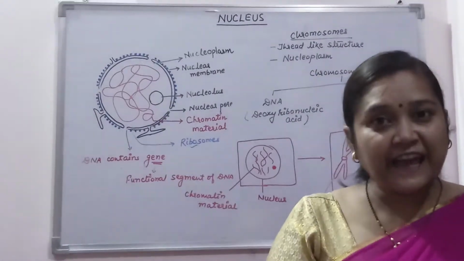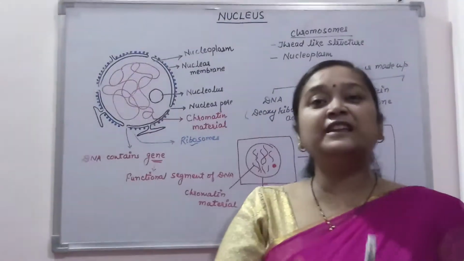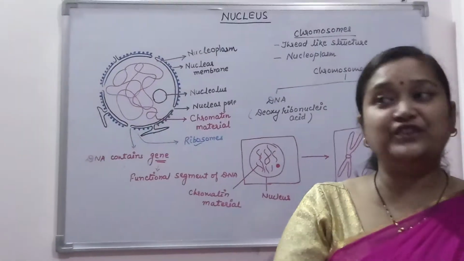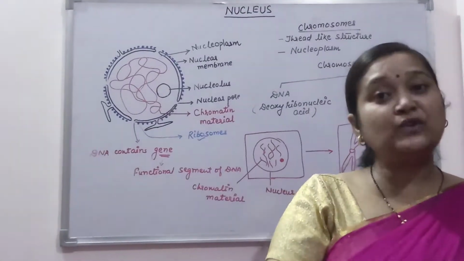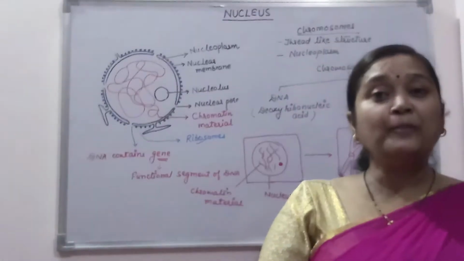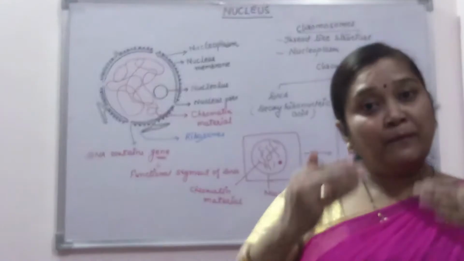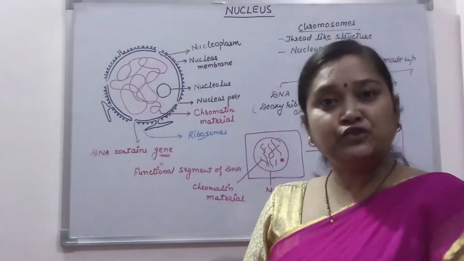Okay, inheritance means it helps to transfer the character from one generation to another generation, or we can say it helps to carry the character or genetic information from one parent to the offspring or to the new individual.